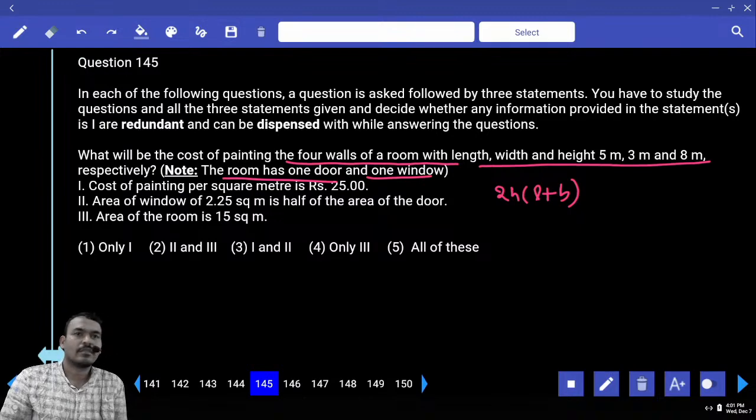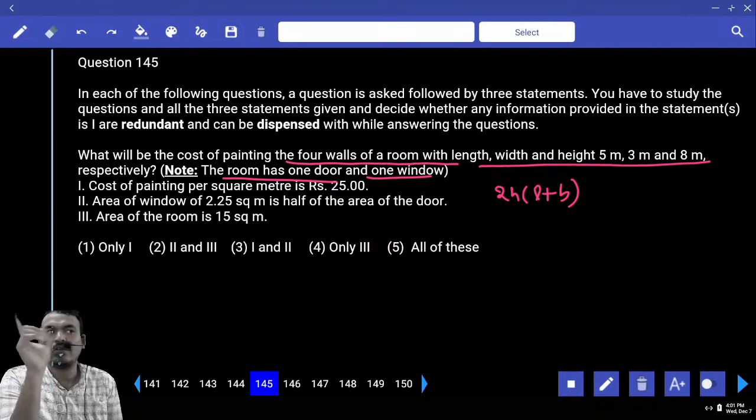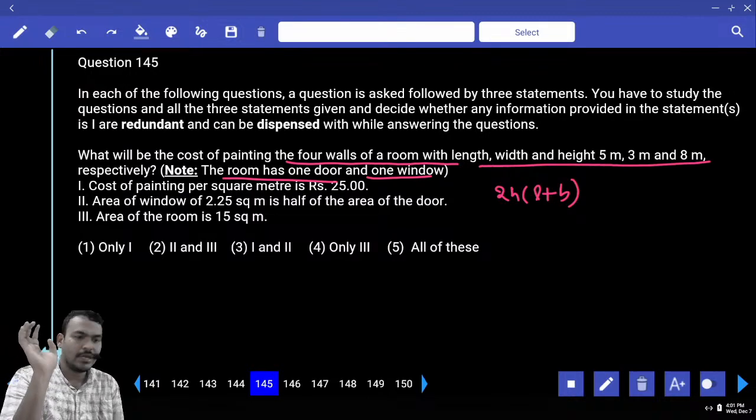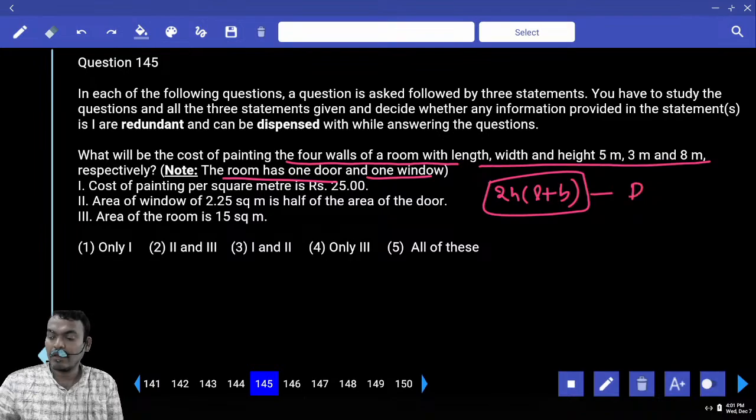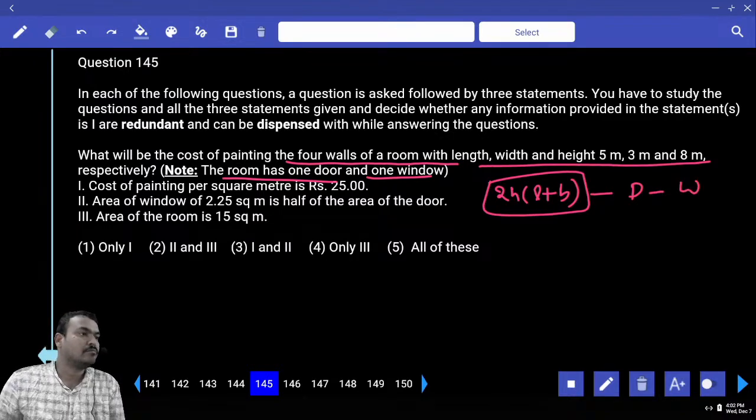We are painting the walls, without the door and window, so out of the 4 walls area we subtract the door area and window area.